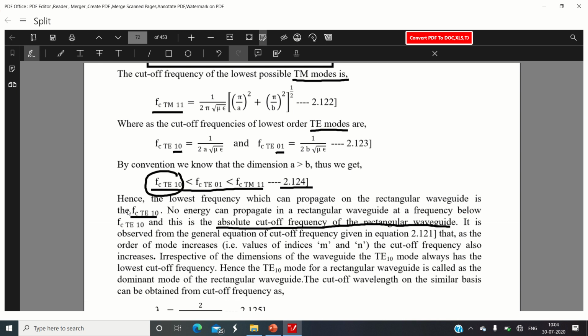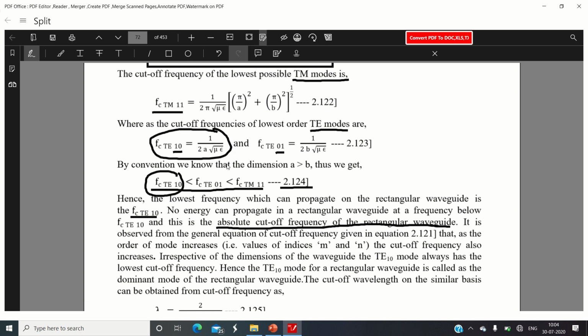So the meaning is that whenever you want to pass a microwave signal through a given rectangular waveguide, the frequency of that microwave signal should satisfy this condition. What should it satisfy? The frequency should be at least equal to the TE10 mode frequency, which is given by this particular equation over here. So how is that going to depend?